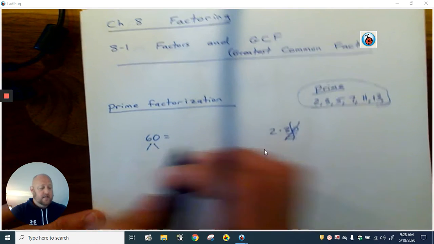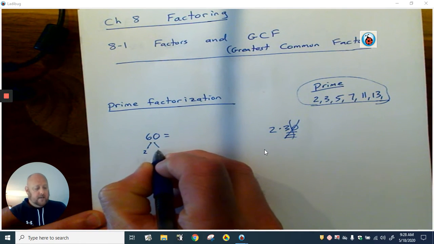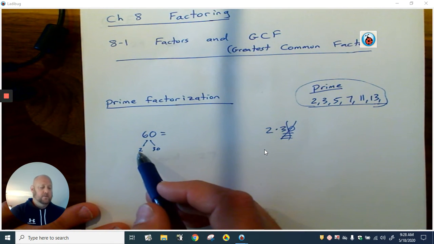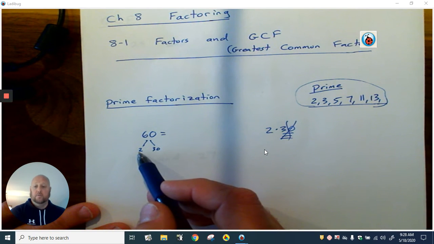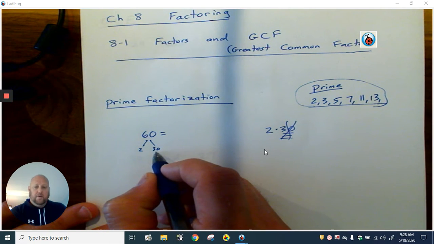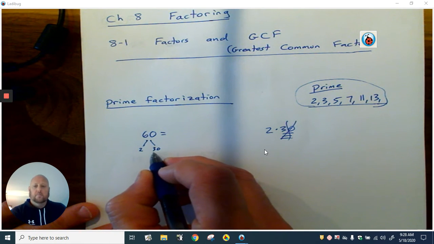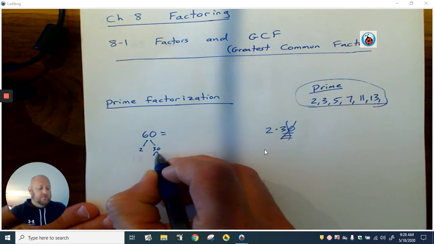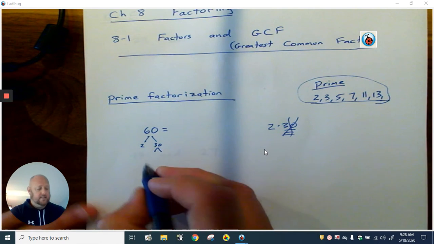Okay, we already said 2 times 30 will work. And then you just look at the next branches. 2 is a prime number, so you're done with that part of the tree. Now you go to 30, and you say, all right, what 2 numbers multiply to 30? There's lots. We could use 2 and 15. We could use 6 and 5. It truly does not matter, and I'll show you that in a second.